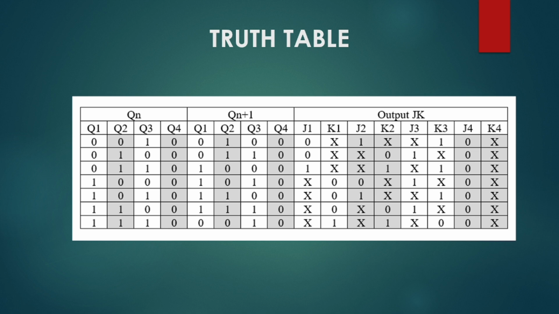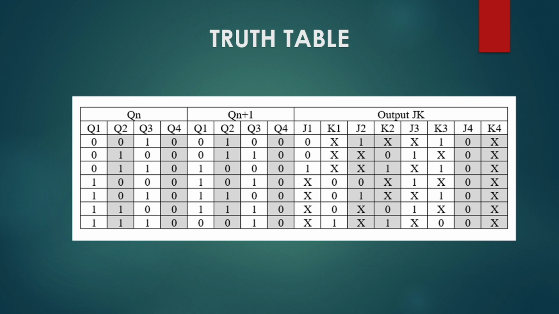There are 4 individual outputs, so Q1, Q2, Q3, and Q4. Therefore, the output JK will also be J1K1, J2K2, J3K3, and J4K4. So our truth table is looking like this.